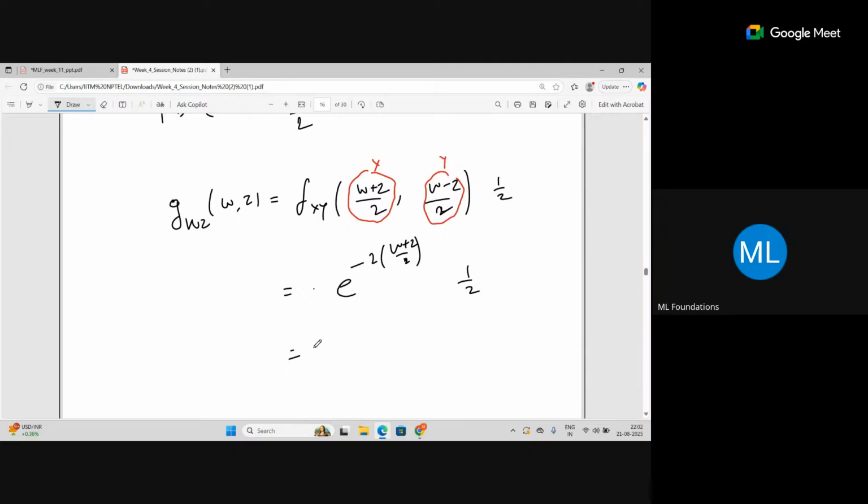So it is half e to the power minus of w plus z, or further you can write it as e to the power minus w into e to the power minus z. So that is my g of w, z.